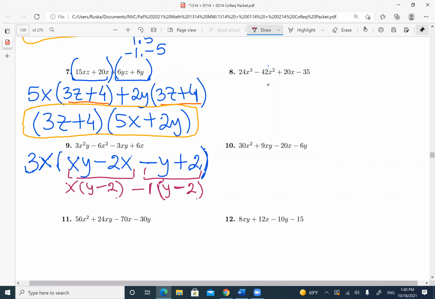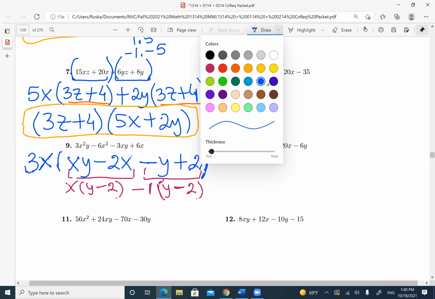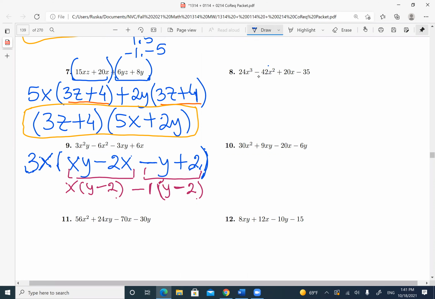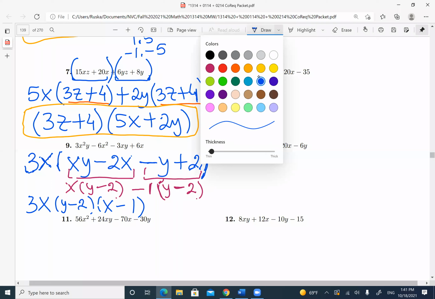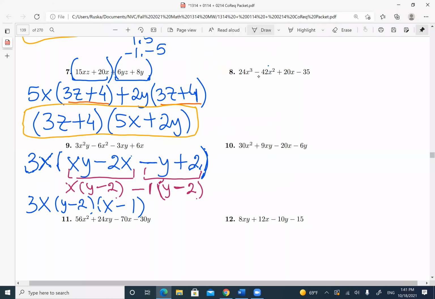So we get the same y minus 2, and we're going to factor that out. So you have y minus 2 in front, and then x minus 1 is left inside the second parenthesis. And don't forget to bring down the 3x, because that was the common factor for everything. So that's how you factor completely.